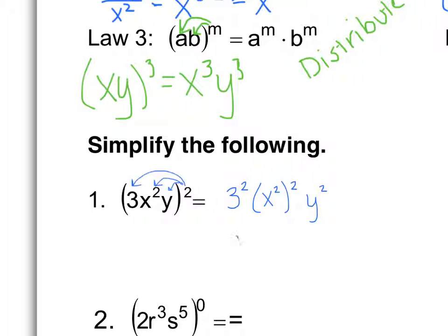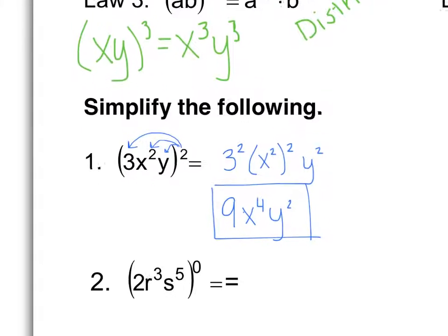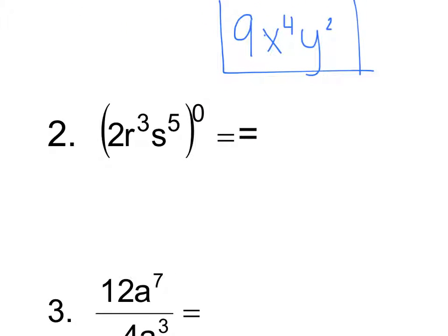Simplify that out, we get 9. Here we need to multiply based on law 5. So x to the 4th, y squared. That's your answer. So that was law 3 and law 5. All right, sorry about the double equal sign. Don't need that.